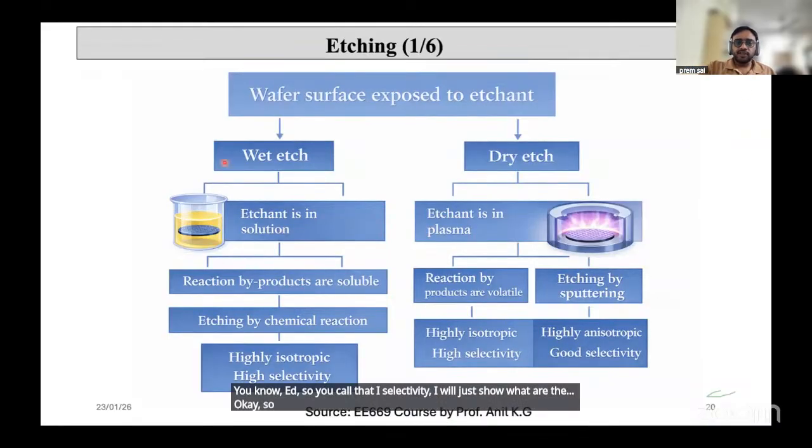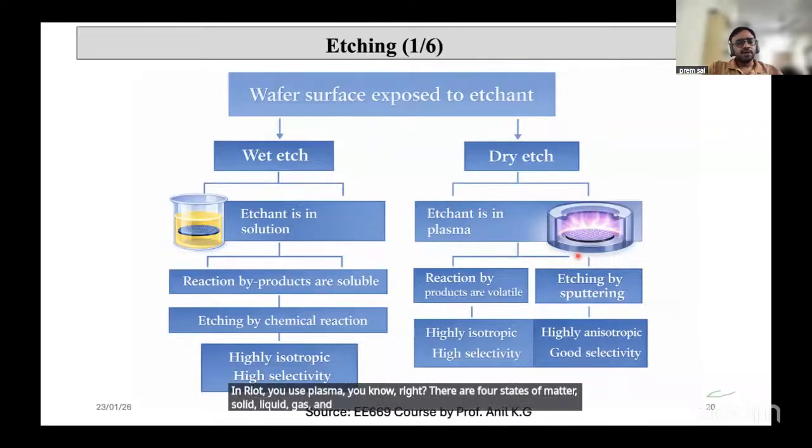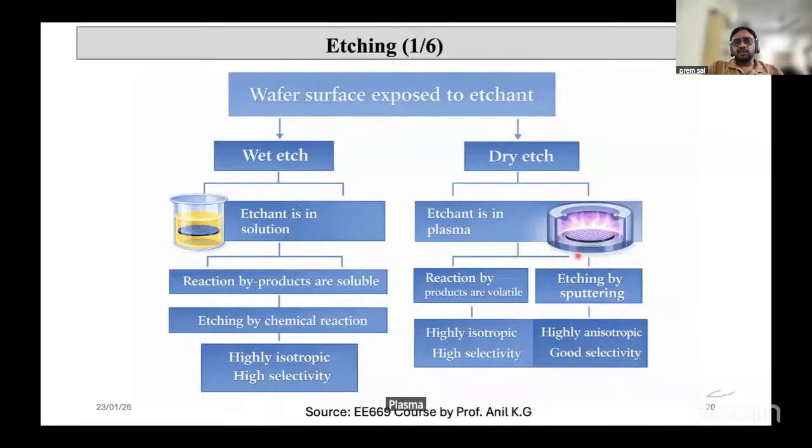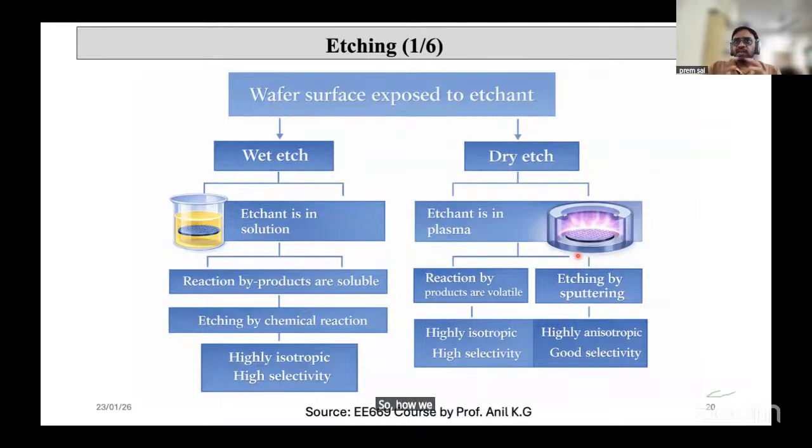So in wet etch, the etchant is a solution. In dry etch, you use plasma. There are four states of matter: solid, liquid, gas, and the fourth state is plasma. Even in a tube light, you can create such a thing, since it is filled with gas. How we can achieve plasma is, you take any chamber and pump it out to create vacuum.